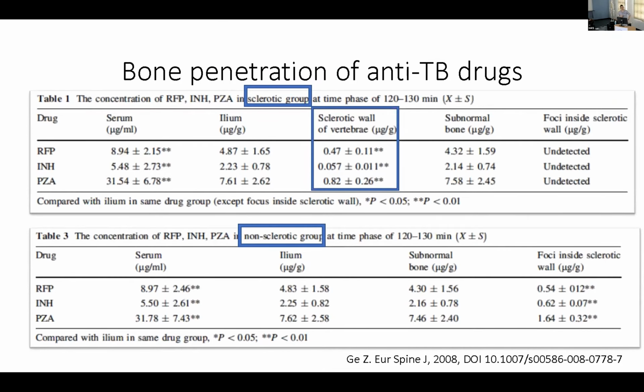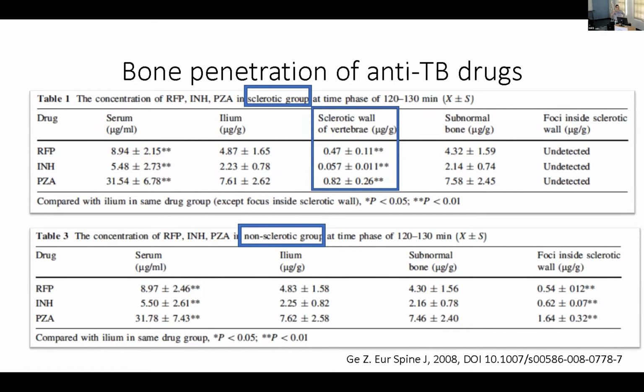Okay, so we can now look at the bone penetration of the drug. The way they divided it was dependent on whether it was sclerotic bone or non-sclerotic bone. So this is the serum concentration of the drugs, the rifampicin, the isoniazid, and the PZA. And then this is in normal bony tissue, so in the ileum. And then subnormal bone was essentially the pathological bone, so the vertebra that's infected with TB.